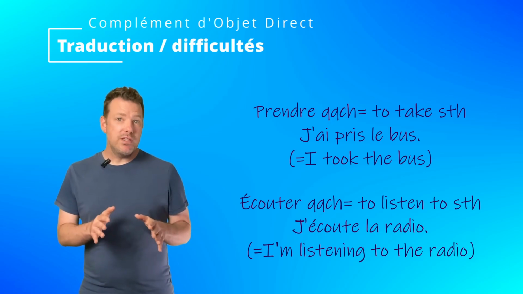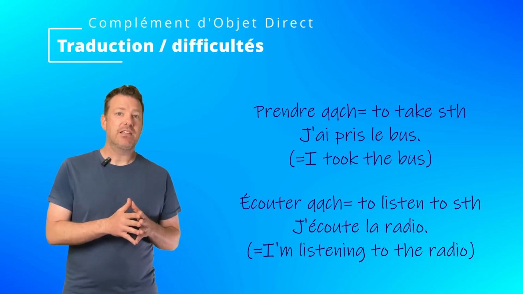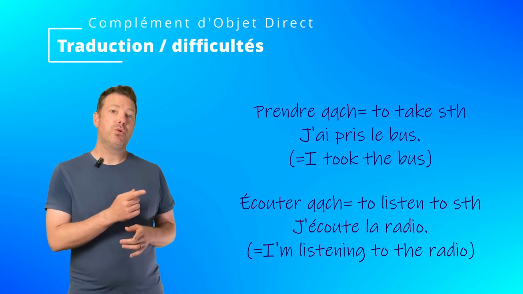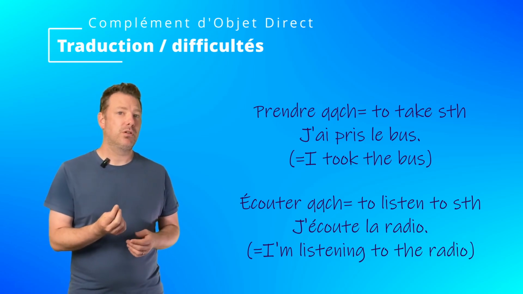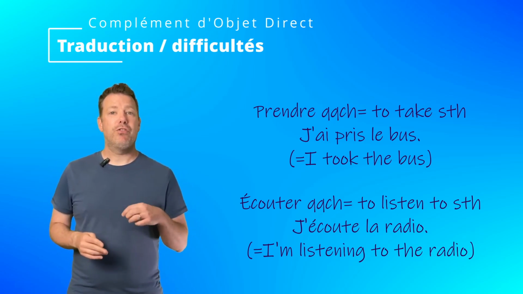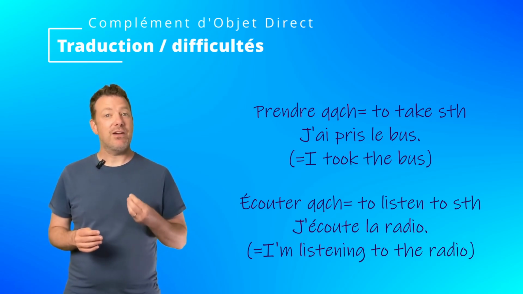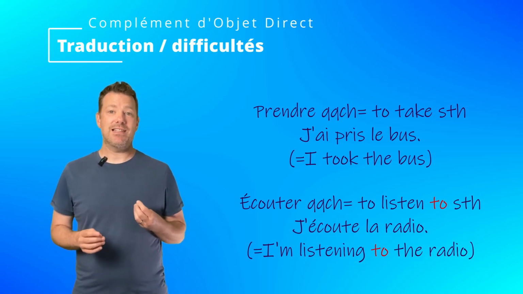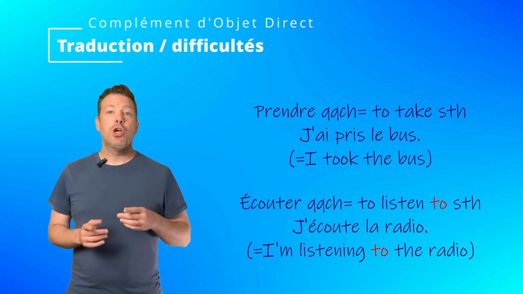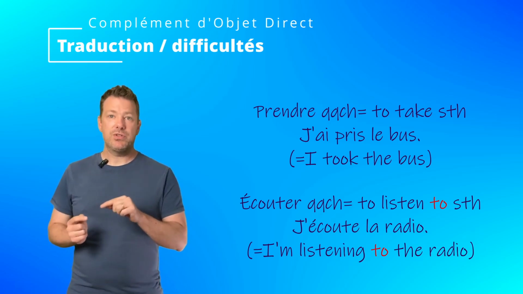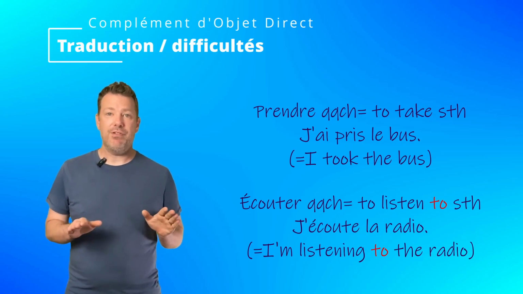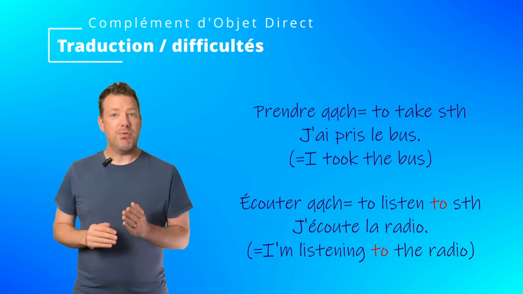However, écouter is transitive direct in French. For example, j'écoute la radio, whereas in English, the verb is not transitive direct. Okay, there is a preposition if you translate that sentence. I'm listening to the radio. So that to changes everything. Okay, so that's a preposition.